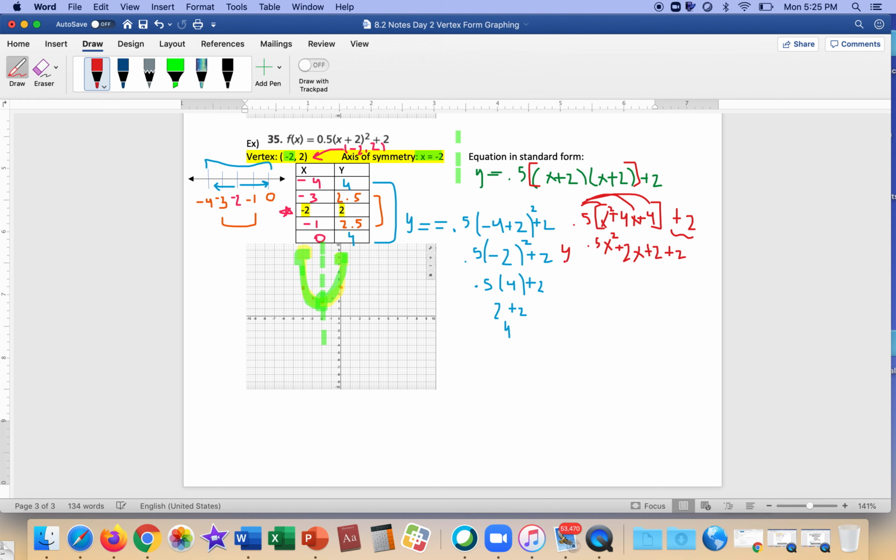We need to write y equals. So then we combine like terms, which at the end we have those numbers we can combine. So we would have 0.5x squared plus 2x plus 4. So it's the same equation, it's just written in standard form.